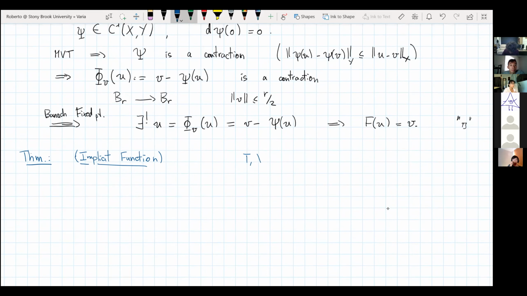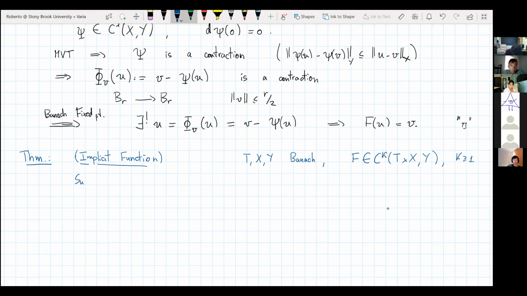So T, X, and Y are Banach spaces, and F is C^K from T cross X to Y, with K at least 1. So somehow you can think of T as the parameter. I mean, there is a certain degree of freedom in choosing this parameter. In our case, the parameter was in R, but here T can actually be a Banach space.